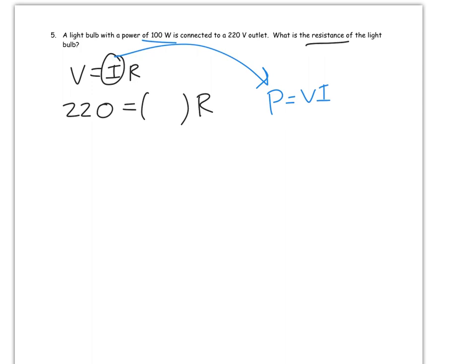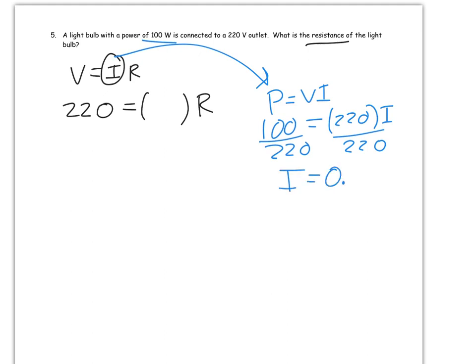And so when I do that, I have 100 watts is going to be equal to the voltage, which is 220 here, times the current. I divide by 220 on both sides, and I end up getting that the current going through this is going to be 0.45 amps.